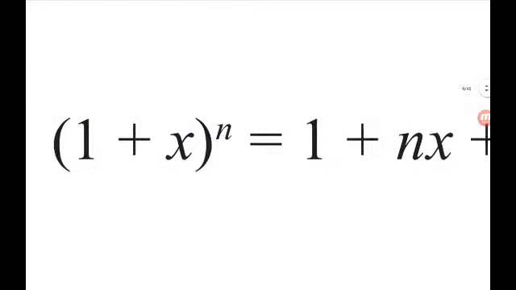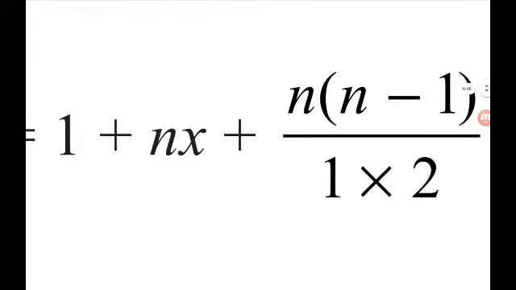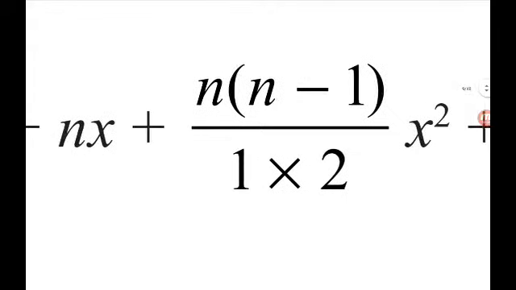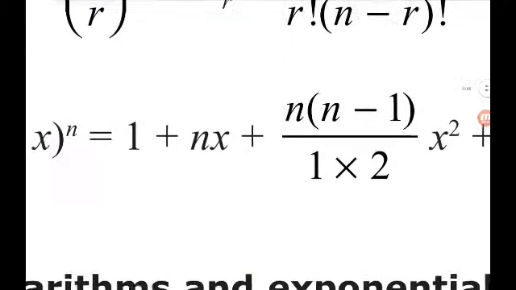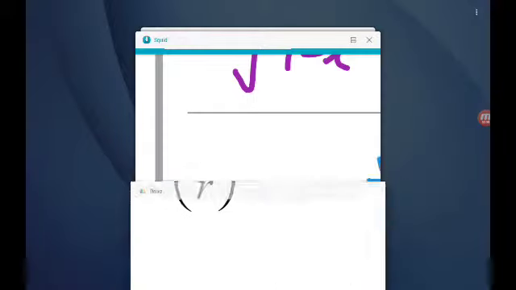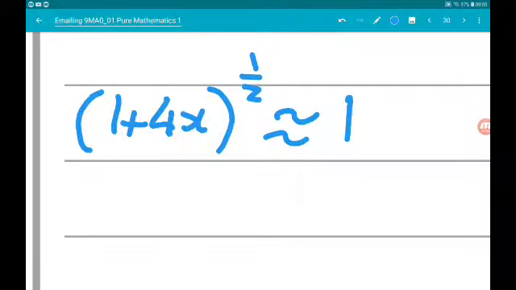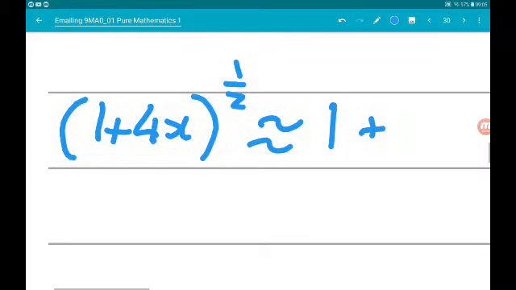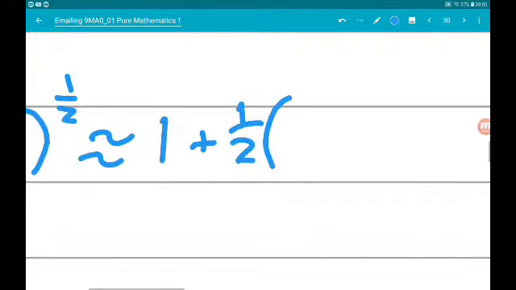So we're going to use this guy. 1 add x to the n is 1 add nx add n times n minus 1 over 1 times 2 x squared. So for us, x is 4x. So we're going to get 1 add nx. So n is our power, so 1 half lots of 4x.